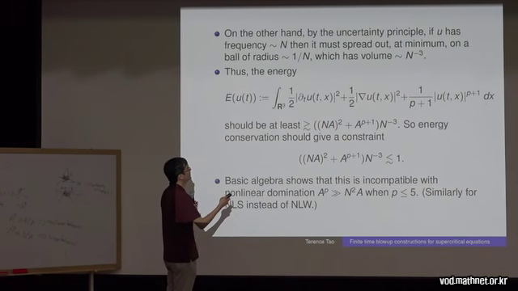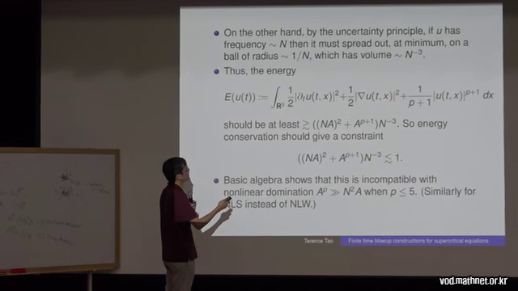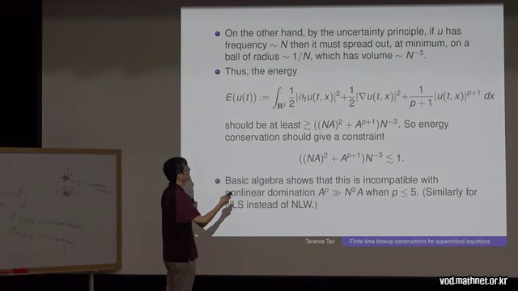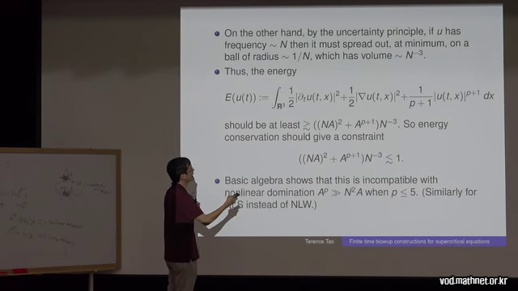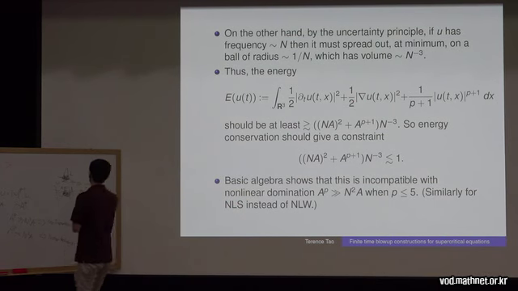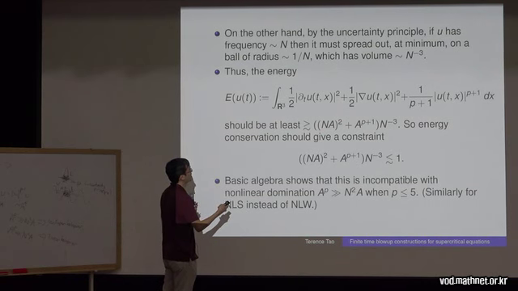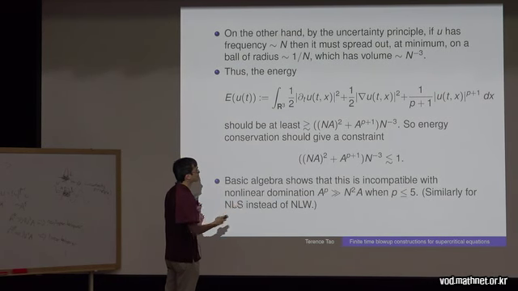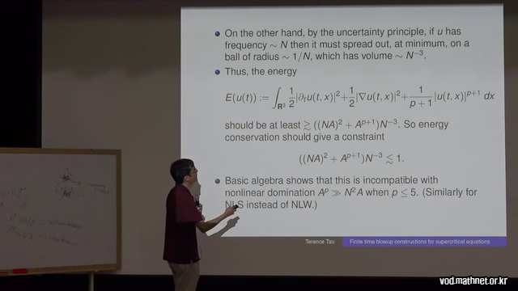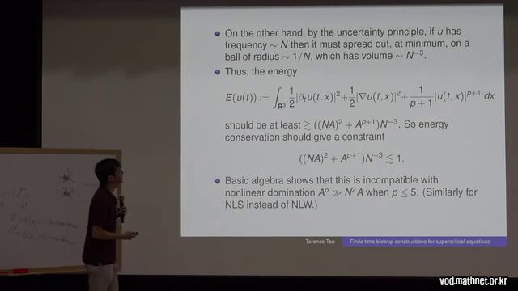For example, for the surface tension component, the gradient of u is of size n times A, so the square is n squared A squared. You've got a volume of n to the minus 3 at least, so the amount of surface tension energy should be at least n A squared times n to the minus 3. And then you have a similar bound for the potential energy. And so you have a lower bound for this energy.